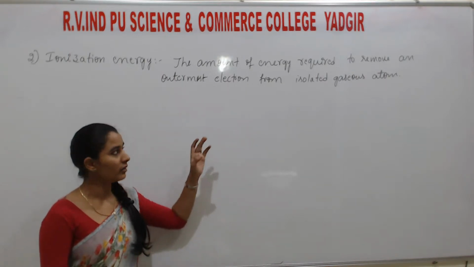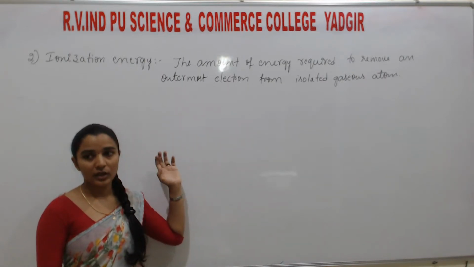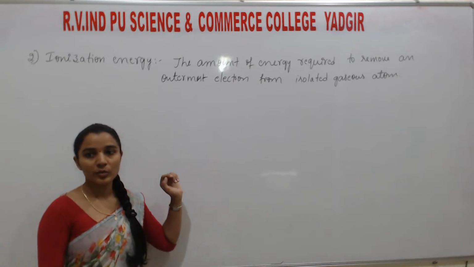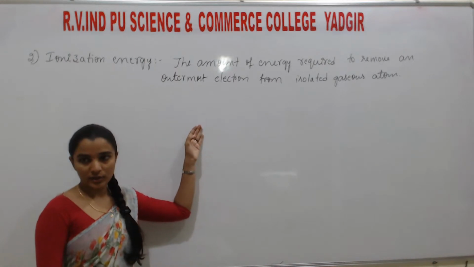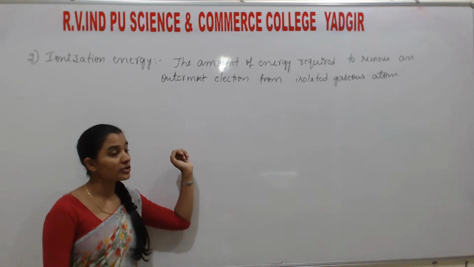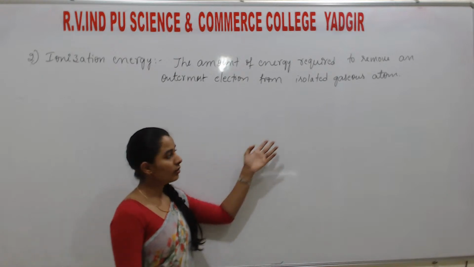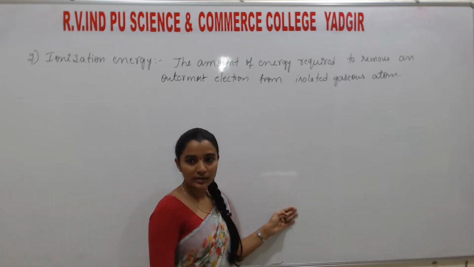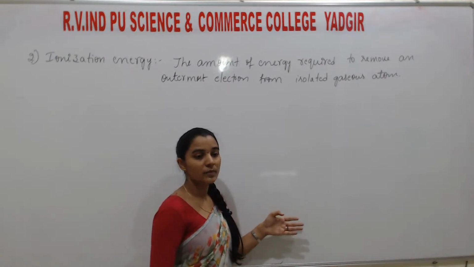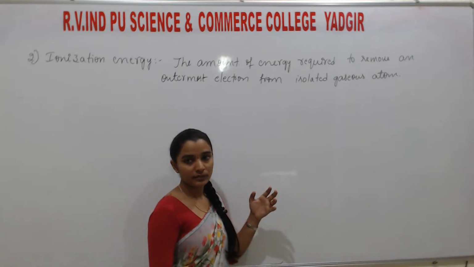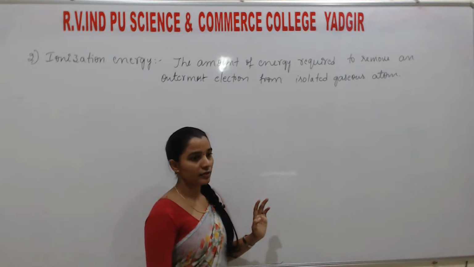Simply, we are taking them as gaseous atoms. We can remove the electron from sodium also, which means sodium also exhibits some amount of ionization energy. Why are we considering gaseous atoms? Because at the end of the periodic table, noble gases are there, all are gases, and they have a stable configuration. To break their stability, we require more energy. That's why this is the definition given.